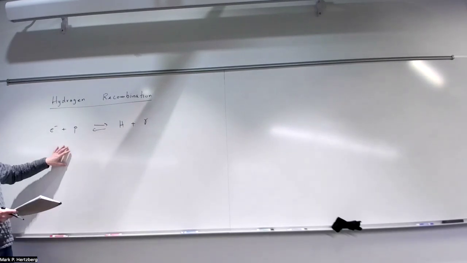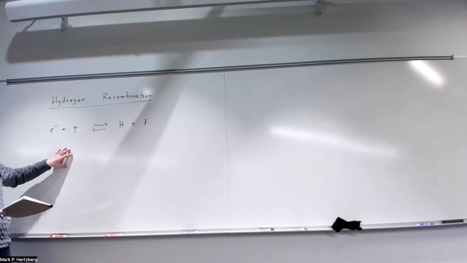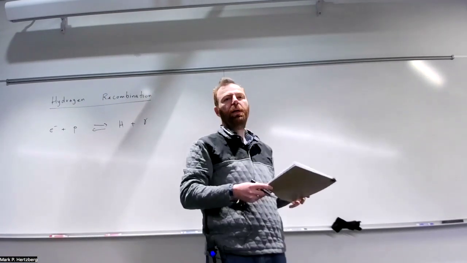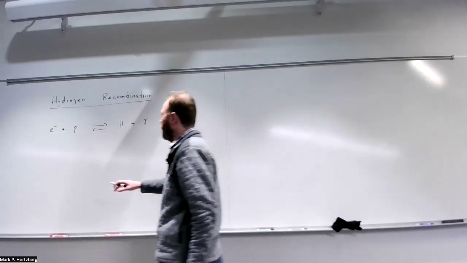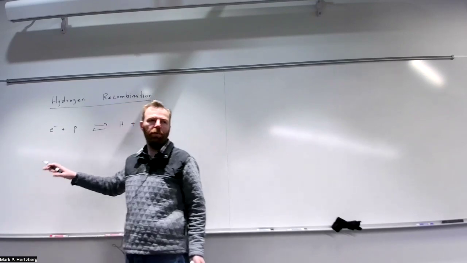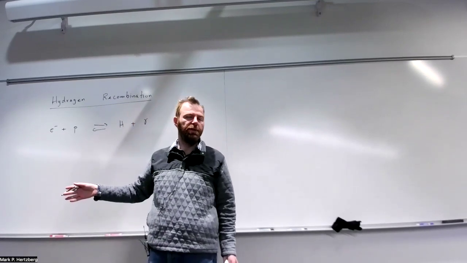So long as this process is in thermal equilibrium, at the end of last time, we derived a formula for the fraction of free electrons in the universe as a function of temperature, using statistical mechanics.